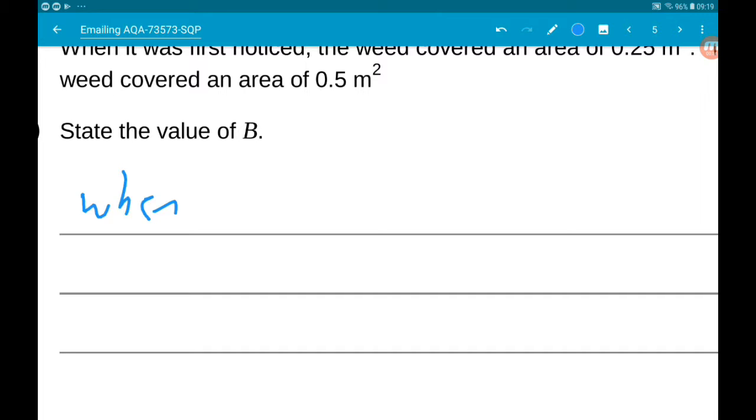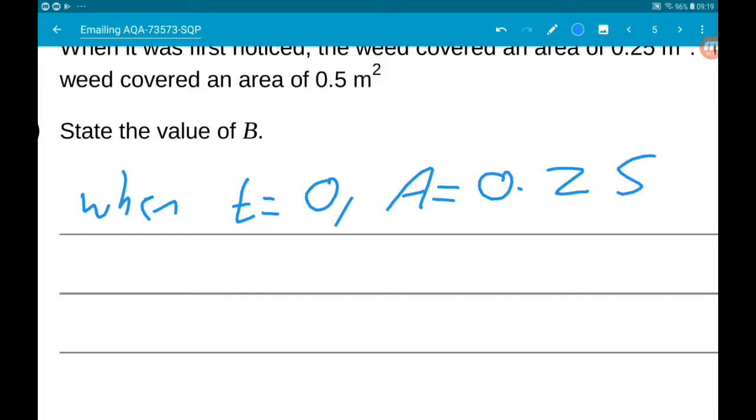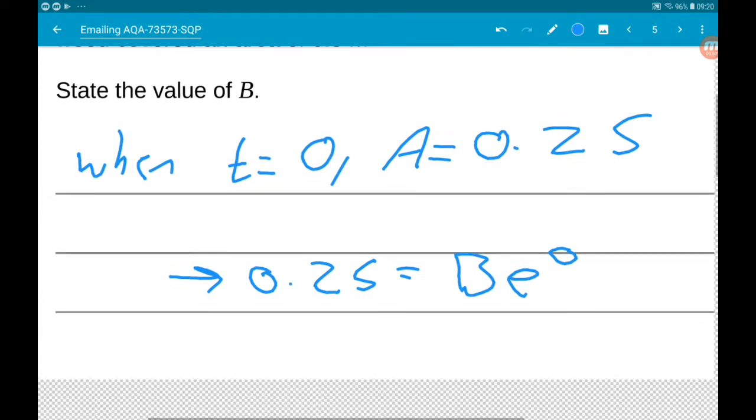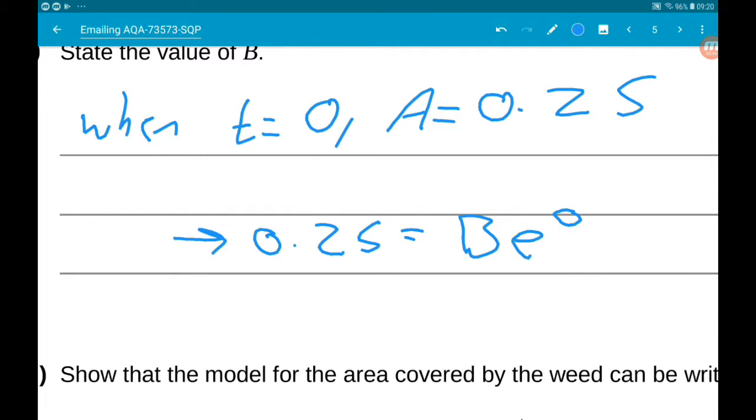So when t is equal to 0, A was 0.25. So we get 0.25 is equal to B e to the 0. E to the power 0 is 1, therefore B is 0.25.